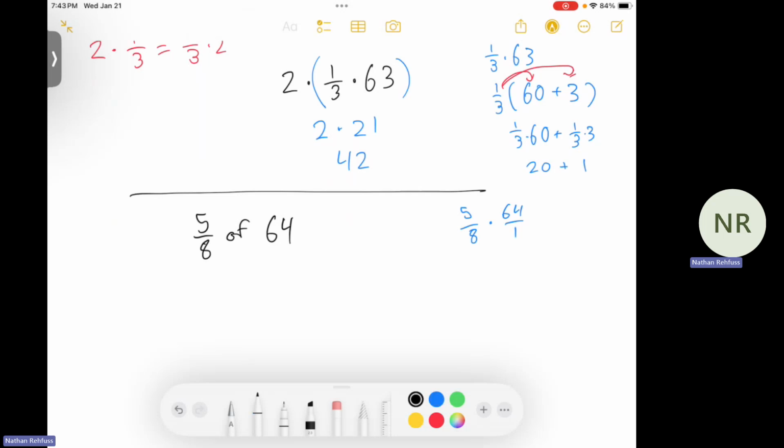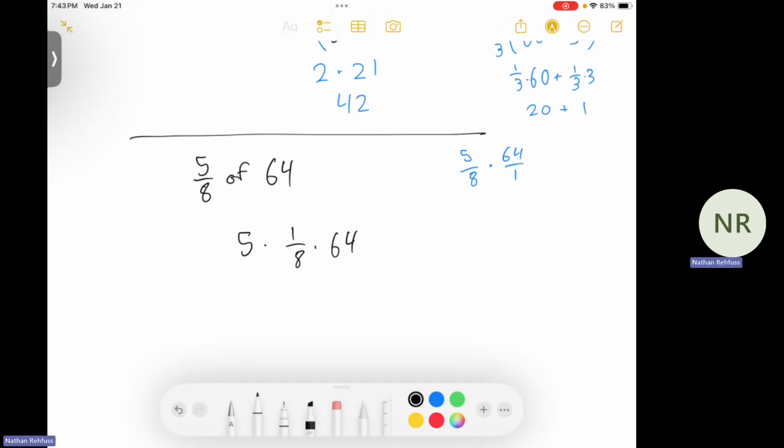I think it's easier to say 5 times 1/8 of 64. 1/8 of 64 is 8. And 5 times 8 is 40. For me, that's the easiest way to solve these problems. You get to apply the fraction piece by piece in whatever order is easiest for you.